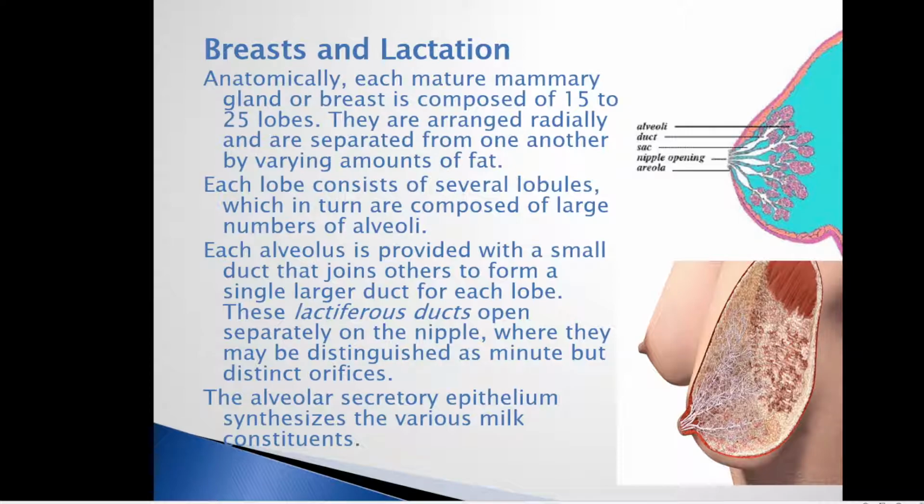Each lobe consists of several lobules, which in turn are composed of large numbers of alveoli. Each alveolus is provided with a small duct that joins others to form a single larger duct for each lobe. These lactiferous ducts open separately on the nipple.